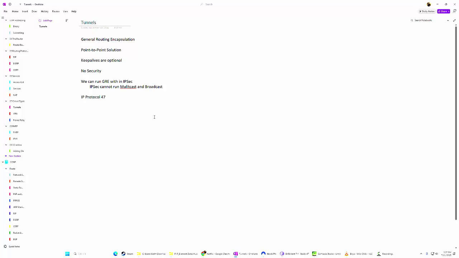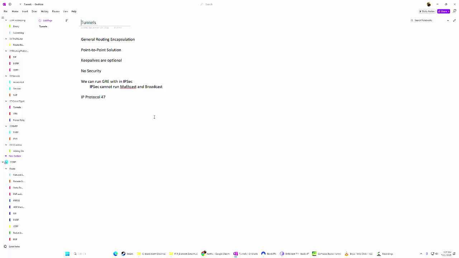Now, tunnels are one of my favorite technologies. What we're doing with a tunnel is creating, from one router to another, a virtual interface, a logical interface.